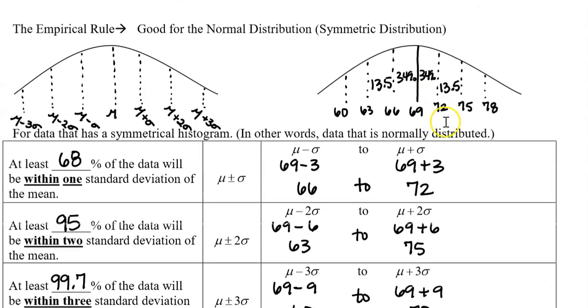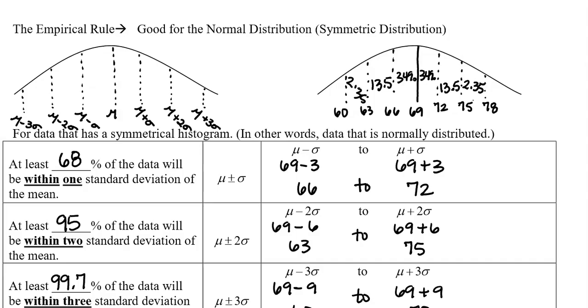Doing that same similar math to figure out how much lies between 60 and 63 and 75 and 78, we get 2.35% of the data in there. If you were to add all these percentages up, they need to sum up to 100%.